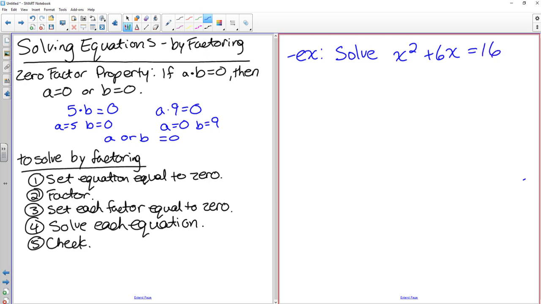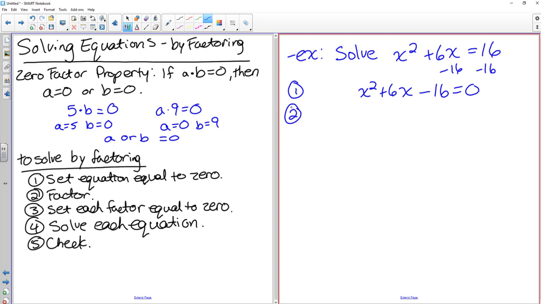Normally we try to get the x alone when it's linear, but now we have a squared, so I can't just get an x alone here. So I'm going to use these new steps that we just wrote out. The first step, set the equation equal to 0. So first I'm going to subtract 16 on both sides. Put a little 1 for step 1. So x squared plus 6x minus 16 equals 0.